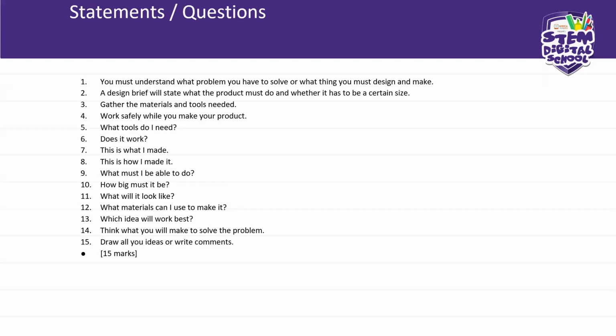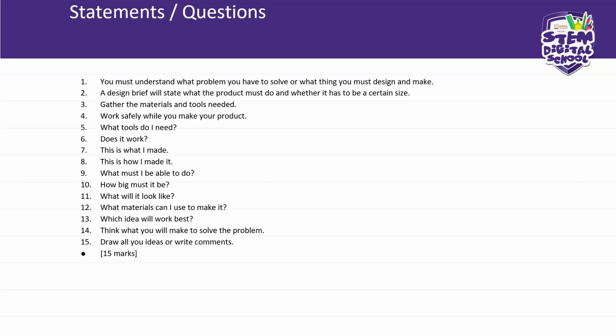Are we answering the questions, ma'am? Yes, yes. Which stage is this one? Are we starting with question 1? Are we answering question 1 now? Yes. Okay. Let's understand what we need to solve. That is the first design stage.